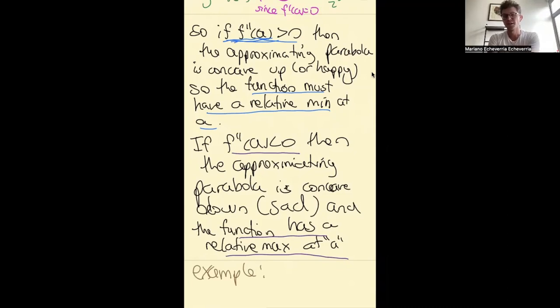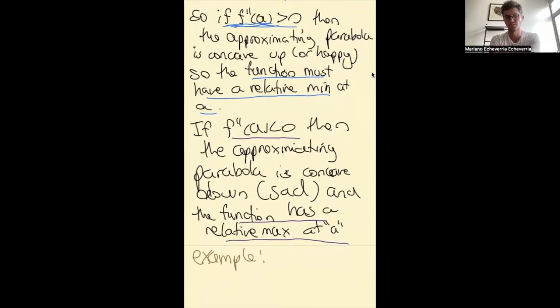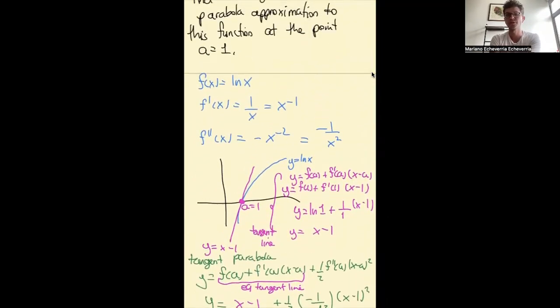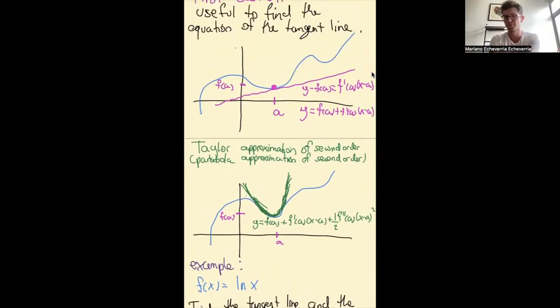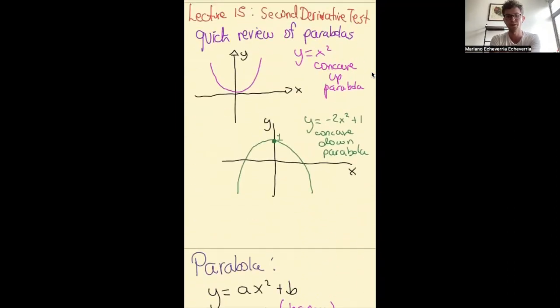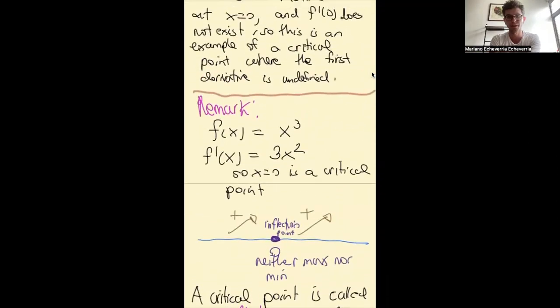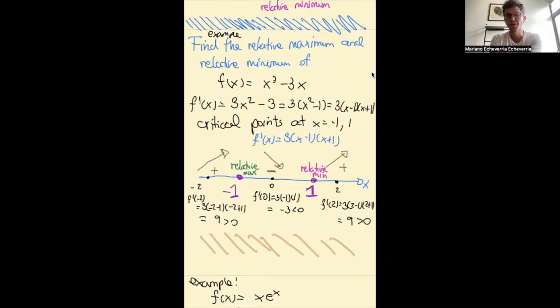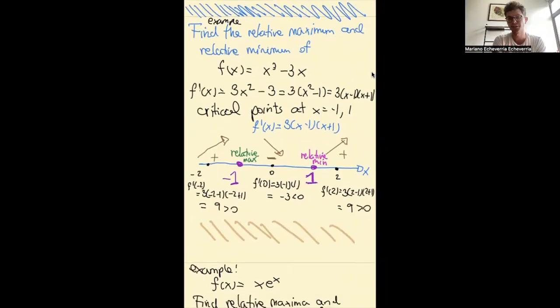Okay, so let me give you an example that we had done before, and now we're going to use it with this criterion. If we go back to the lecture from before, let's do again x cubed minus 3x, because we had analyzed it before.